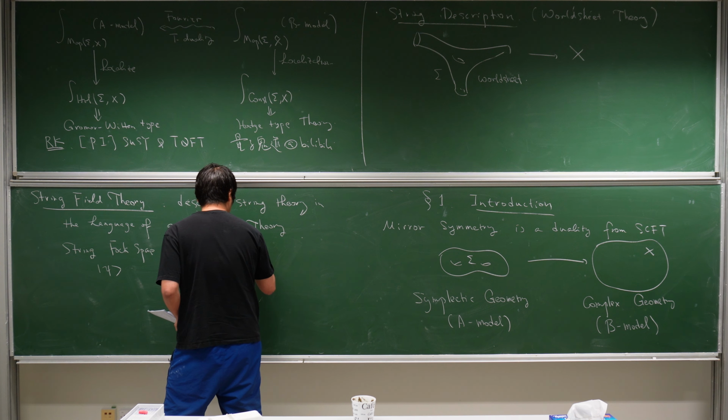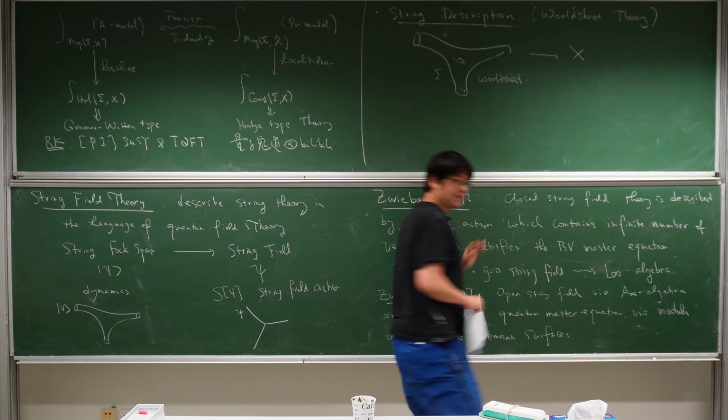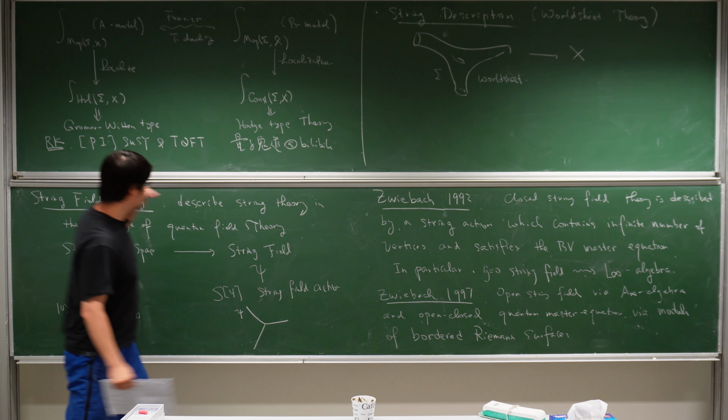And this open-closed quantum master equation somehow was described in terms of the moduli of bordered Riemann surfaces. So again, we'll say a few words about it when we come to the discussion of open-closed B model. Okay.